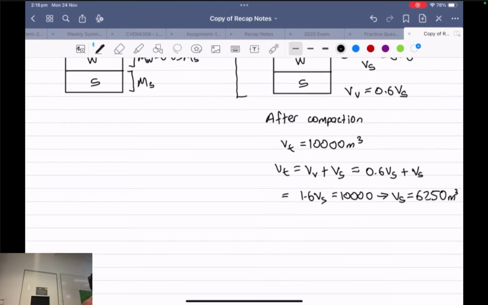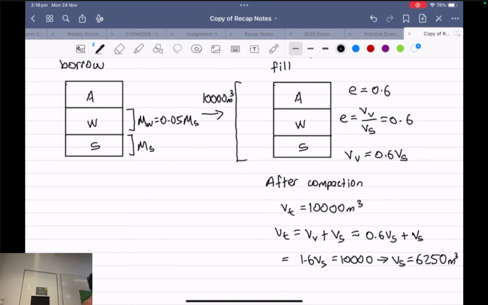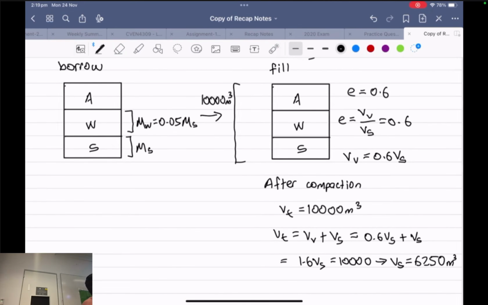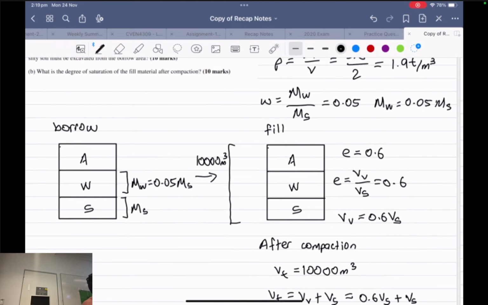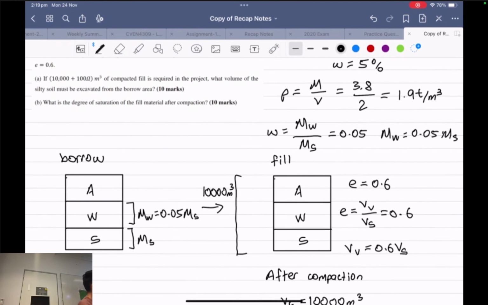Alright, so now we have the volume of solid in the fill area, but we're looking for the mass of solid. So we have the volume, we want to find mass. What relationship can we use again? Relating mass and volume. We used it earlier as well. It's density, right? Last time we used density to relate mass and volume, but that was for the overall density.